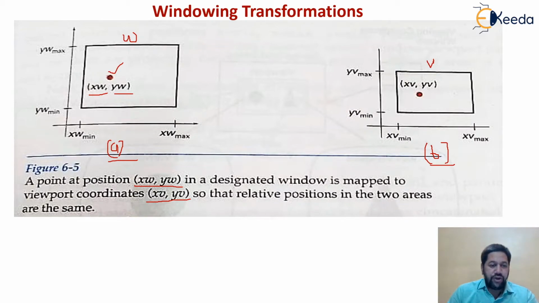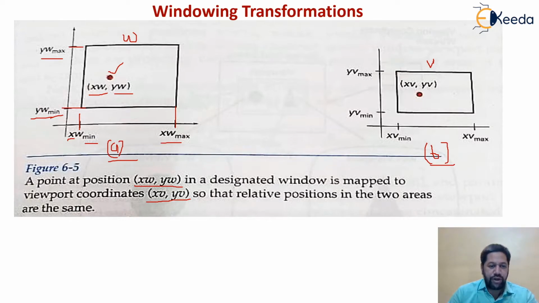This point indicates xw minimum, the minimum value of x of the window, and this indicates xw maximum, the maximum x value of the window. Similarly, we have yw minimum, the minimum y value of the window, and yw maximum.